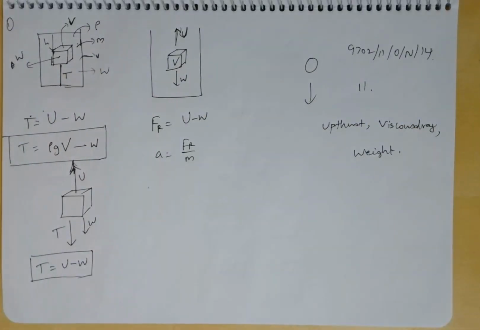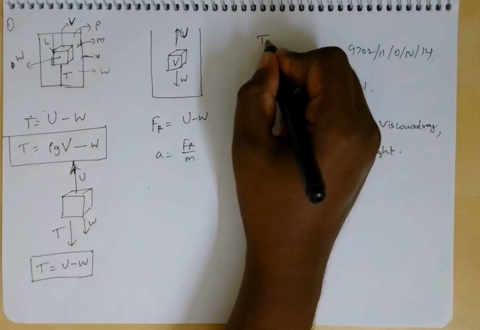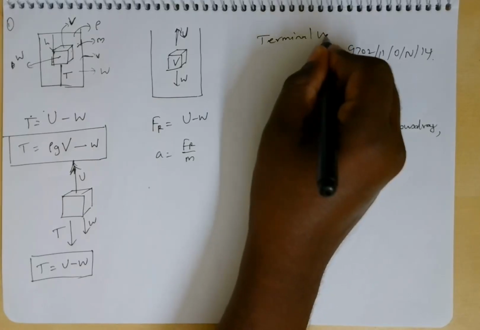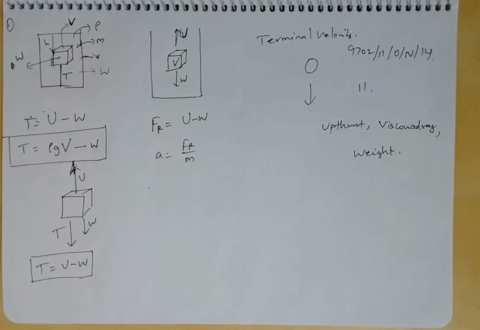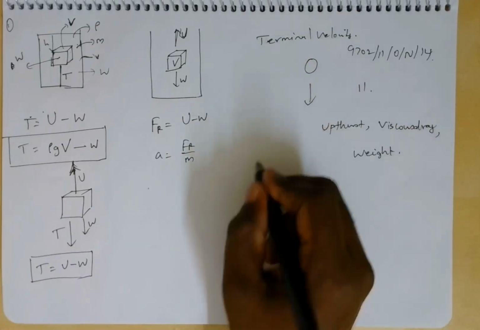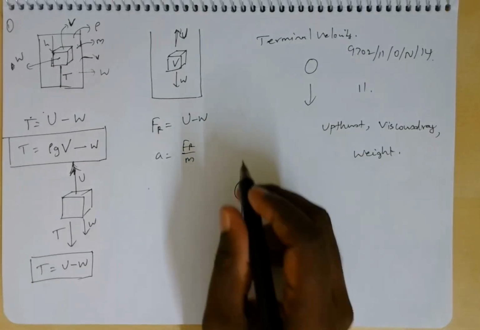Remember, we gave one more indication that this ball is at terminal velocity. Three forces are involved. Just draw the diagram here. Weight is acting downward.